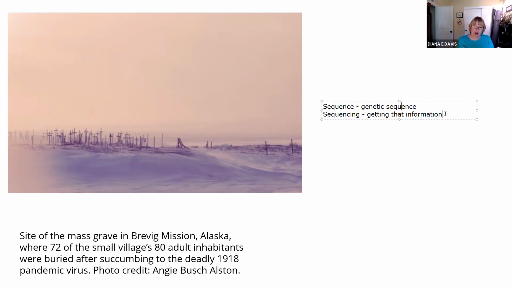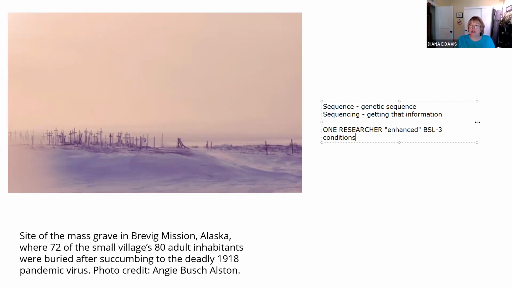To try and figure out what was going on, scientists recreated the virus, infected cells in culture, and eventually infected mice. One researcher worked with this virus once it was recreated. He worked under what's called enhanced BSL3 conditions.